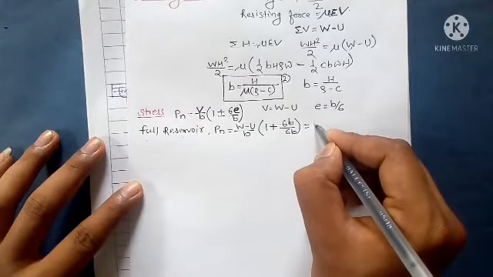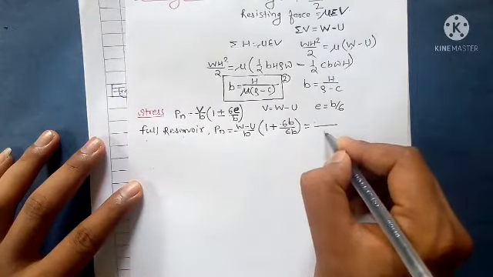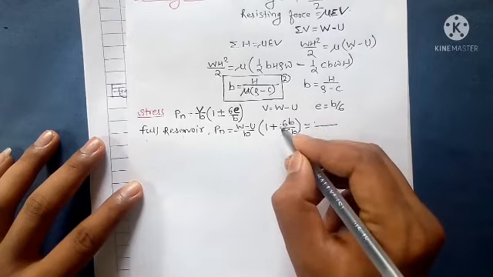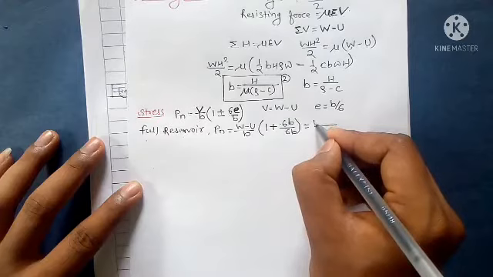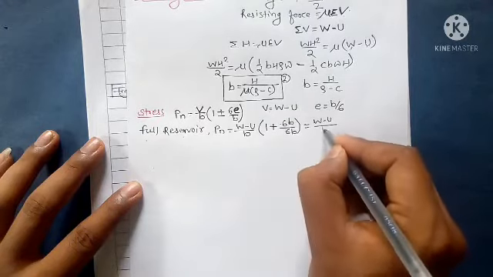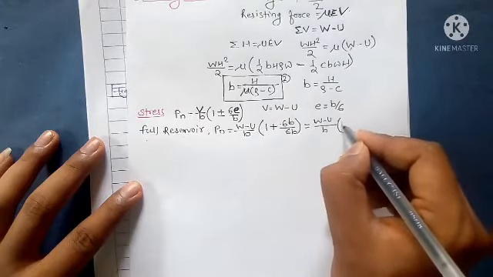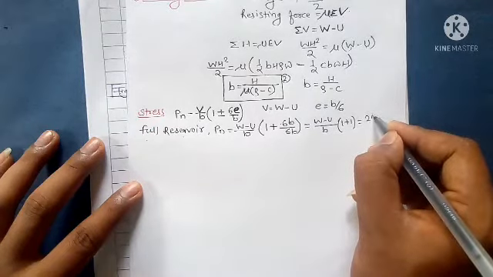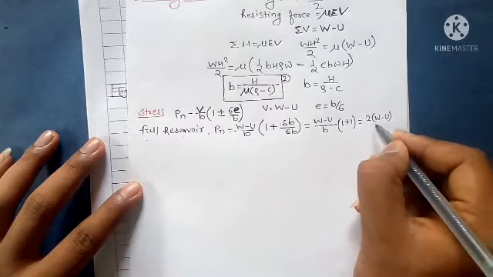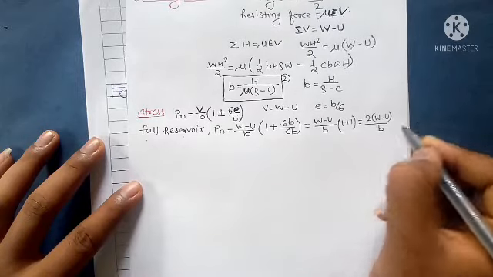Simplifying this, we get 2 into bracket (W minus U) upon B.